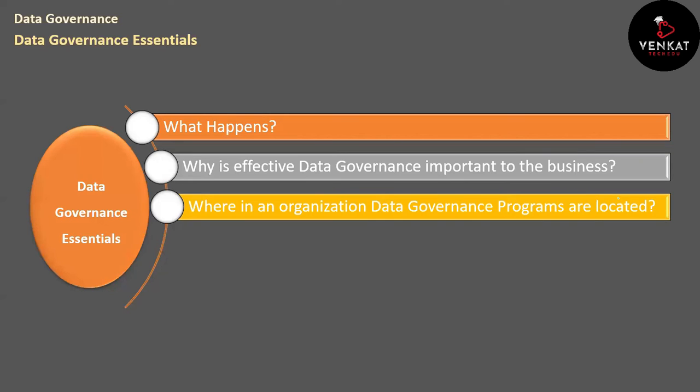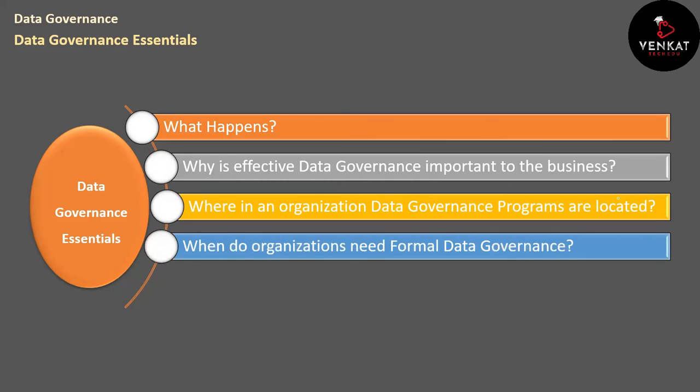If a client has business in around 50 countries, they don't implement data governance in all 50 countries. They first have to identify where the data has less quality and where it is primarily required.